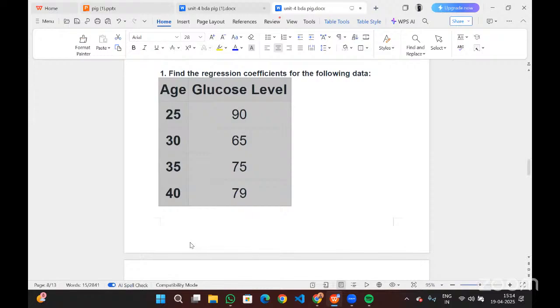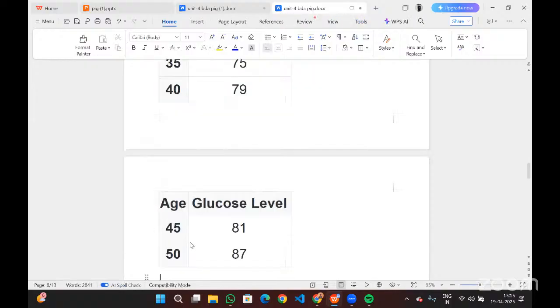Take down the values. Age is called x and glucose level is given the variable y. 25, 90. Next you have 30, 65, 35, 75, 40, 79. Next 45, 81 and 50, 87.